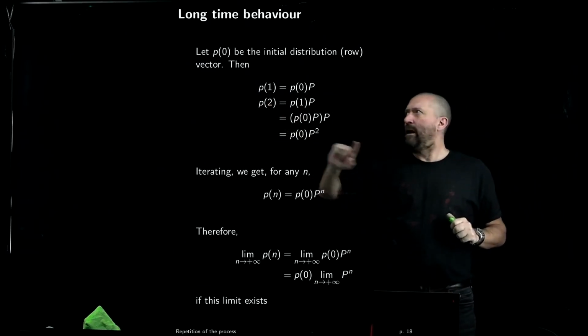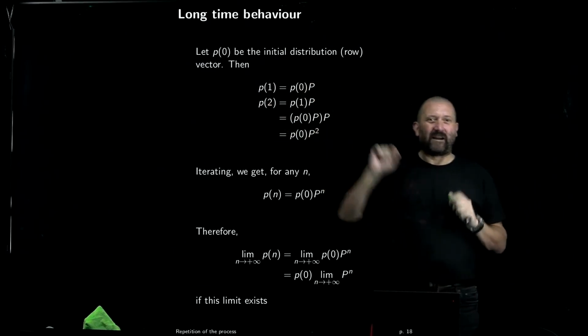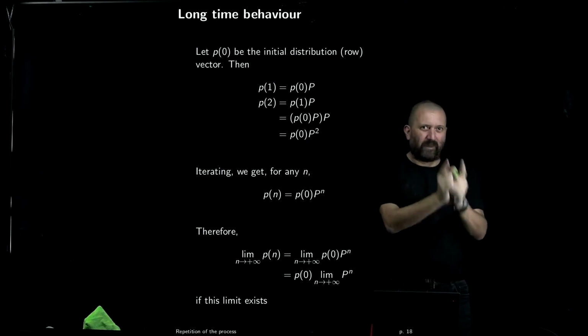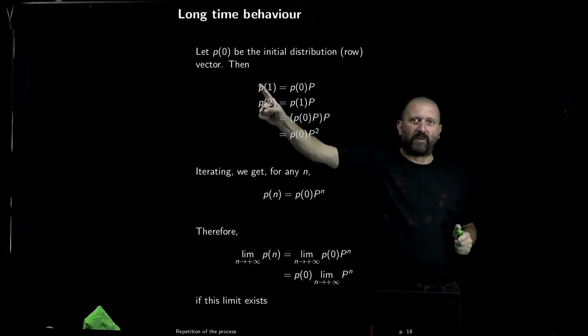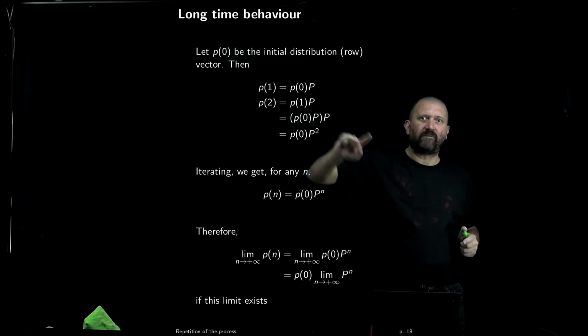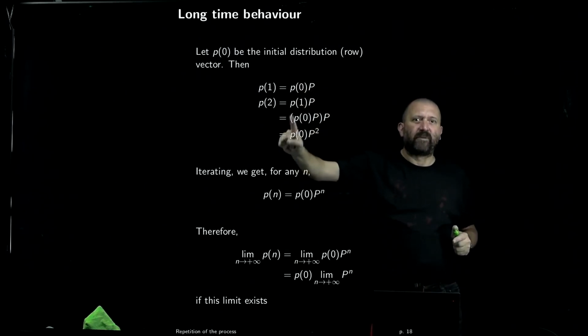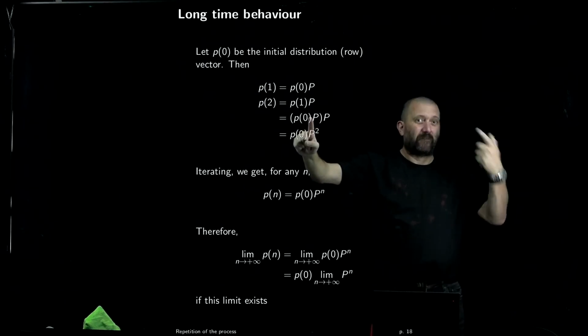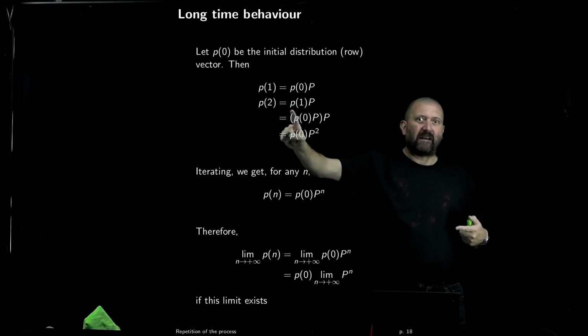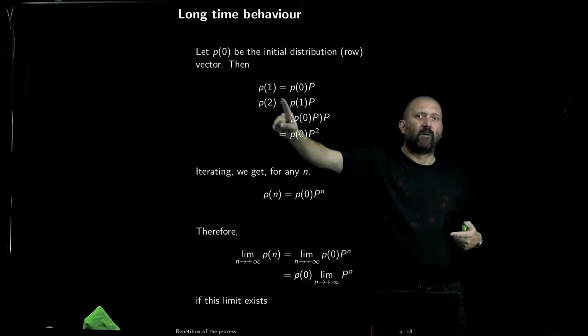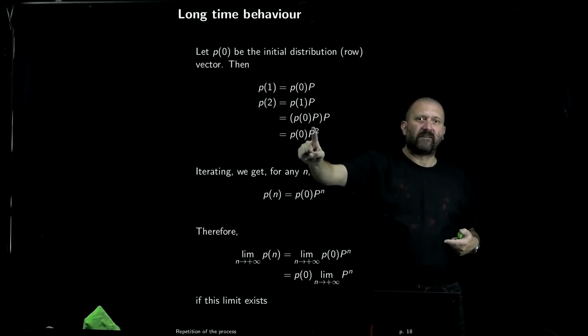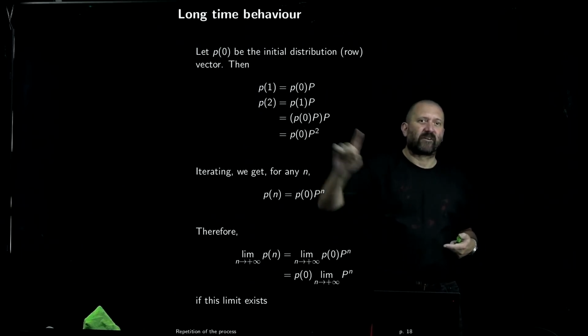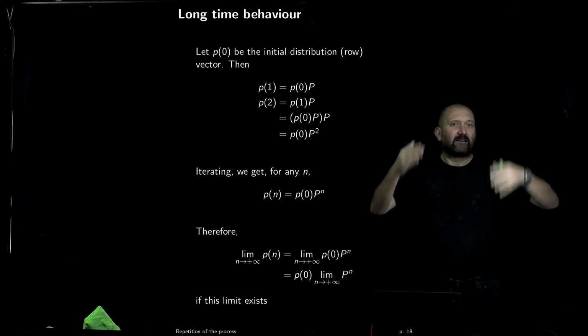To get P of 1, I use the formula that I had just erased: P of n plus 1 is equal to P of n times P. So P of 1 is equal to P of 0 times P. P of 2 is P of 1 times P by the iteration formula, but P of 1 is actually P of 0 times P. So P of 2 is P of 0 times the square of the matrix P. And I can continue.